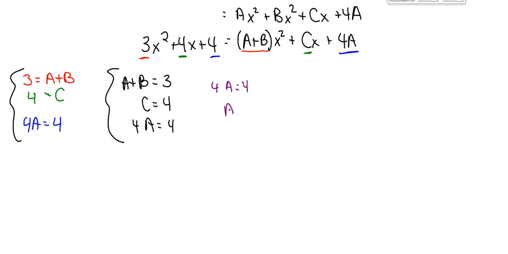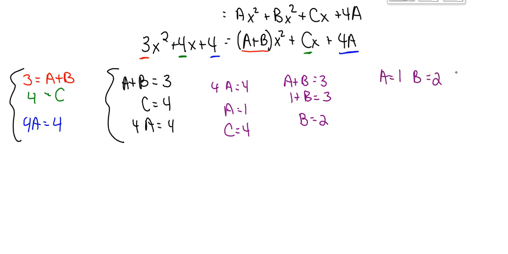I'm told that c equals 4, so that's done. I know a plus b equals 3, and a was 1, so 1 plus b equals 3, so b equals 2. So I have that, and I'm just going to write them over here: a equals 1, b equals 2, and c equals 4.